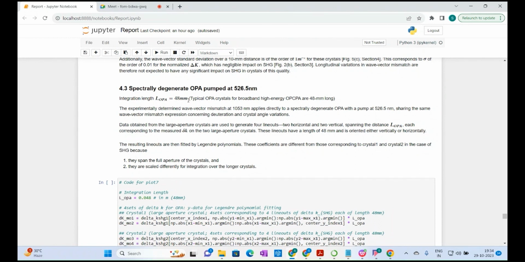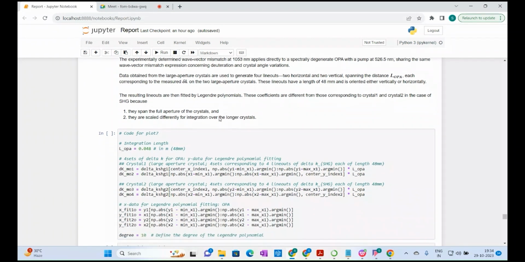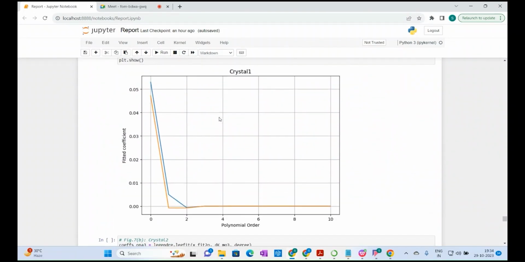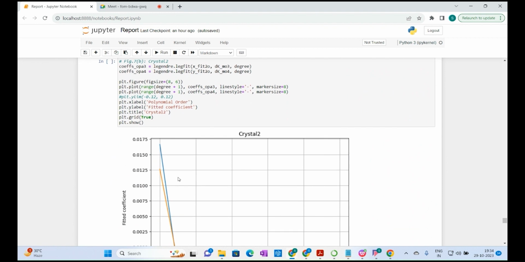So that gives a set of 4 lineouts. Comparison of these lineouts with the range of coefficients covered by the simulations in figures 3 and 4 indicates that the OPA efficiency is not expected to be significantly impacted.